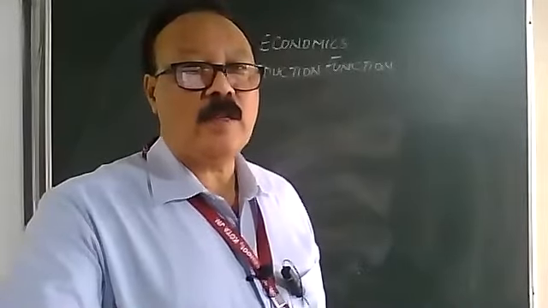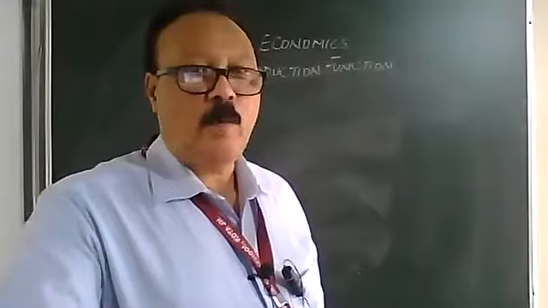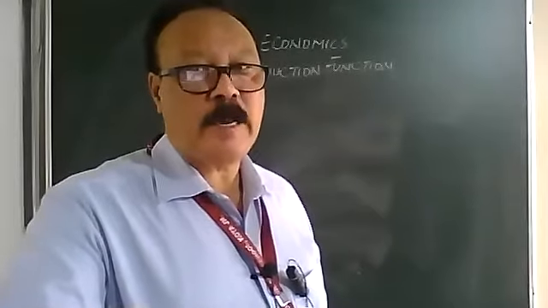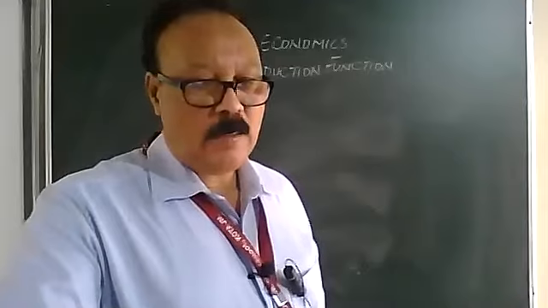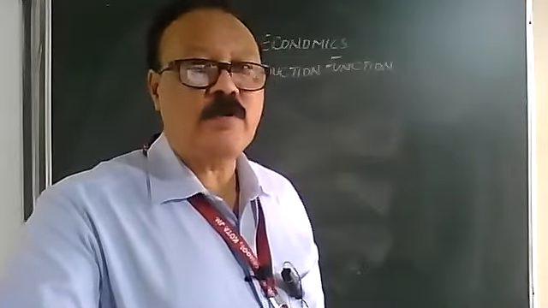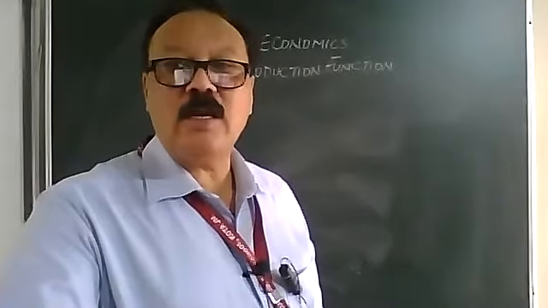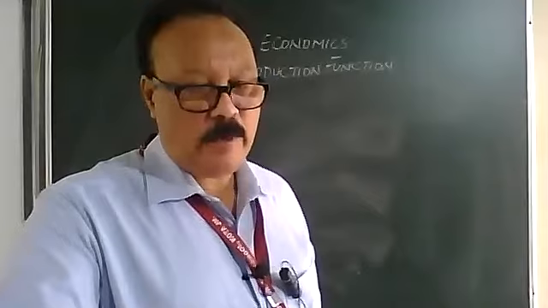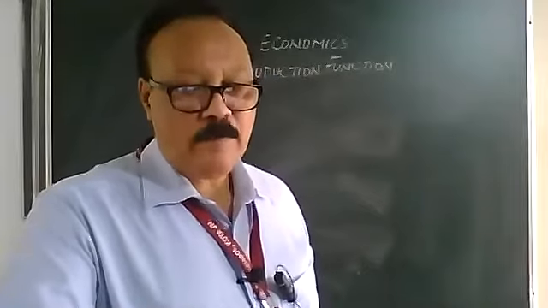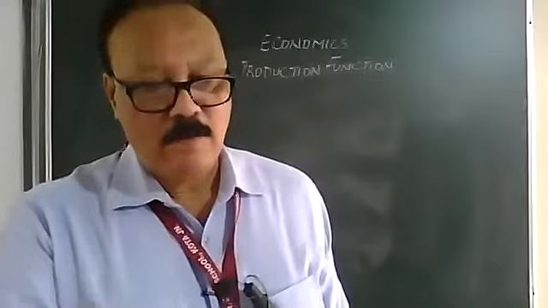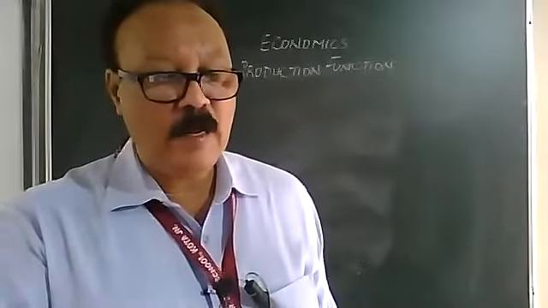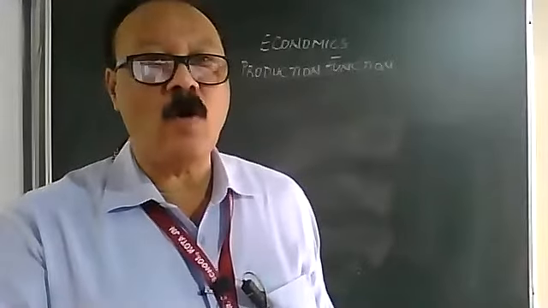We begin this morning's class with a quick revision of what we did yesterday. Yesterday we did the production function, which is the functional relationship between the physical input and the physical output of a commodity. Then we learnt about the short run and the long run.